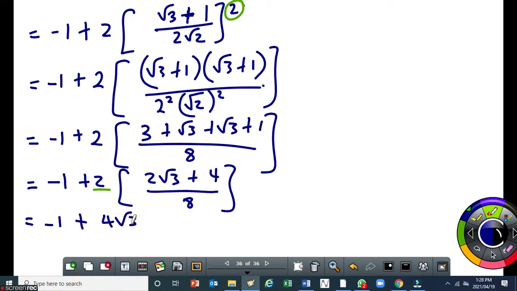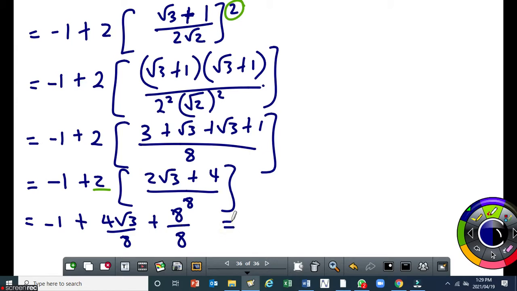Just allow me to split the numerator over the same denominator. So I'm just multiplying these two by the numerators, but I'll write each individually under the same denominator. So 4 root 3 over 8, plus 8 over 8. Are you following that? It's coming out very nicely.